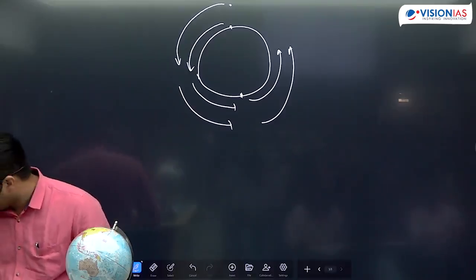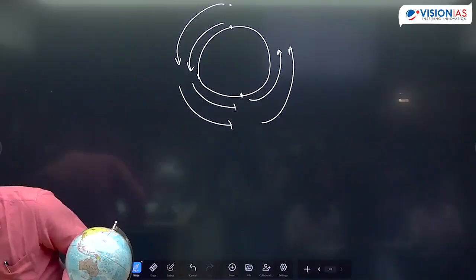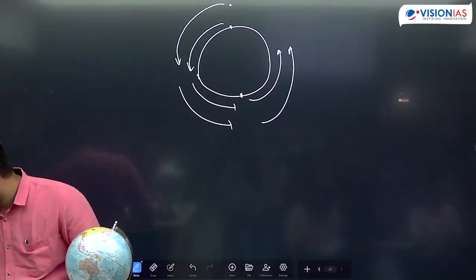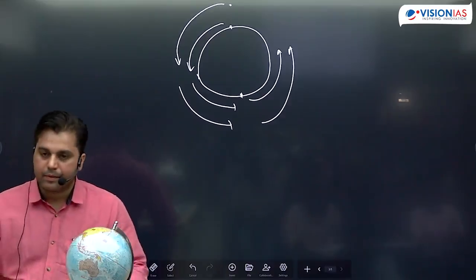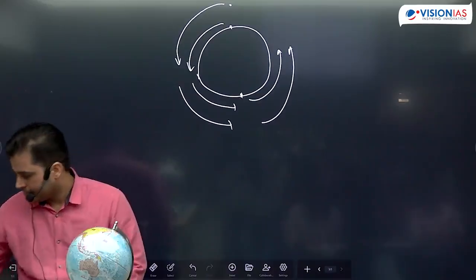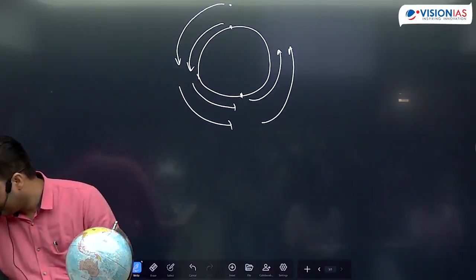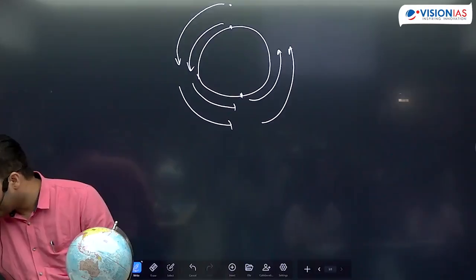Satellite in geosynchronous orbit completes one revolution in exactly the same time Earth rotates on its axis.